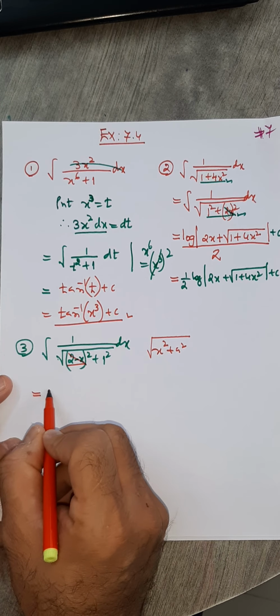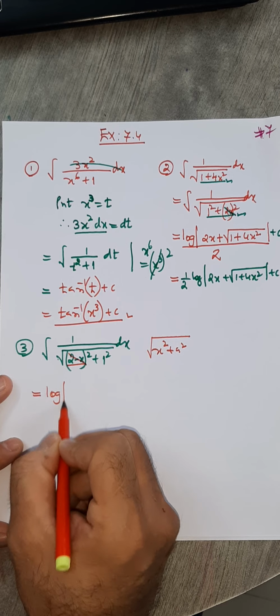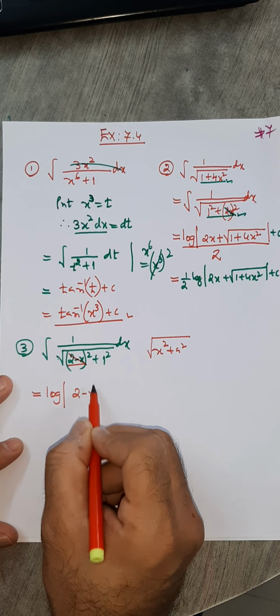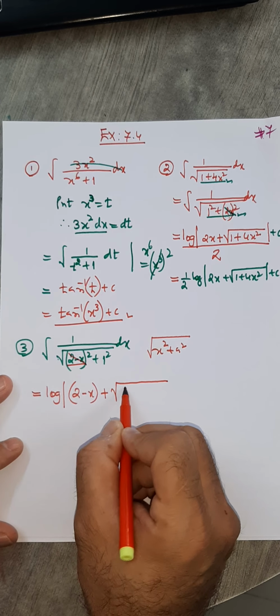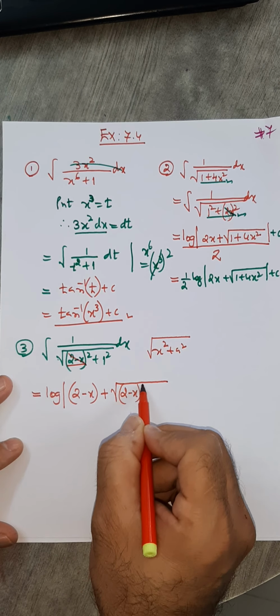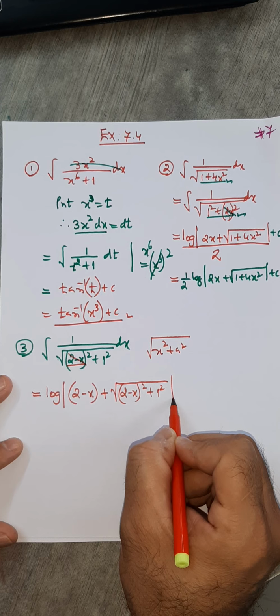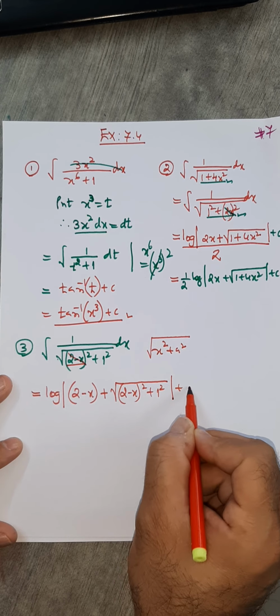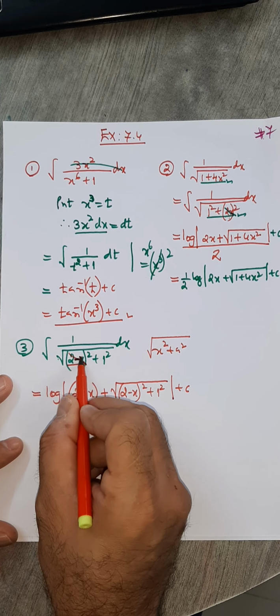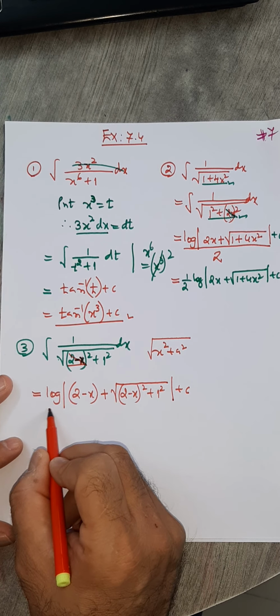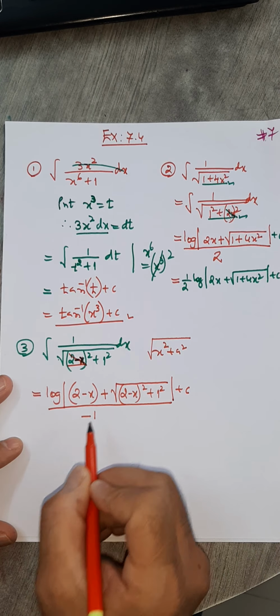So what's your answer? Log of mod of x, x means 2 minus x, plus the same expression, 2 minus x the whole square plus 1 square, plus c. Remember, don't forget to write the coefficient of x. What's the coefficient of x here? Minus 1. So upon minus 1.